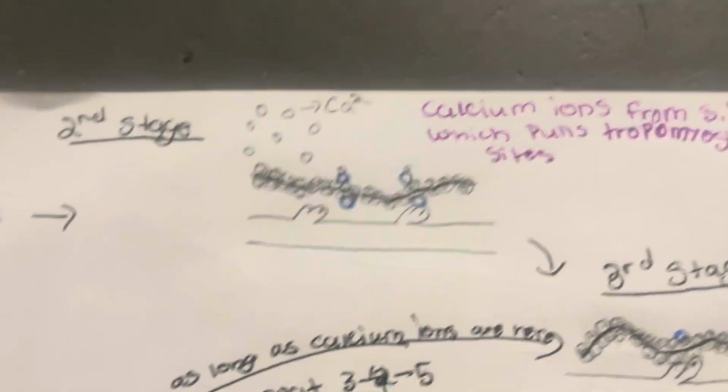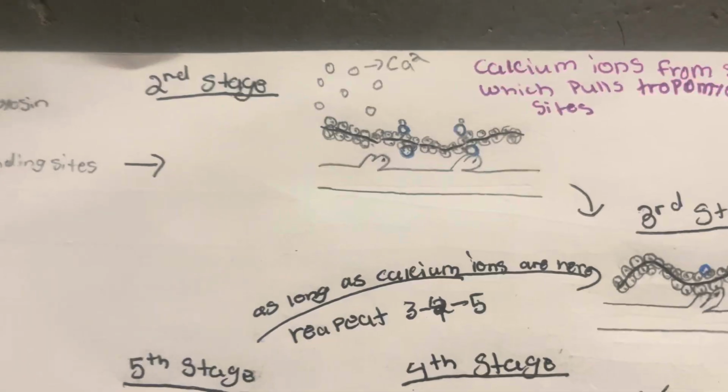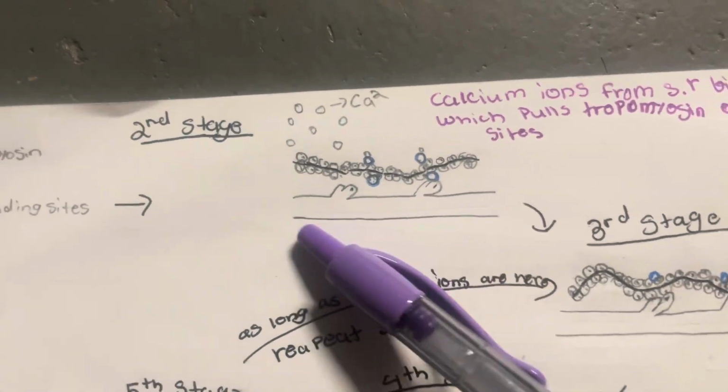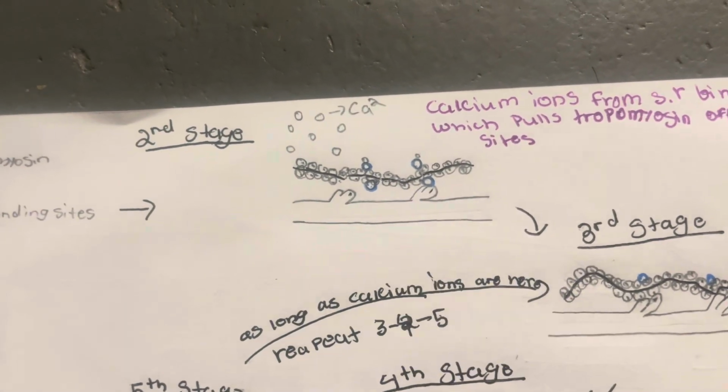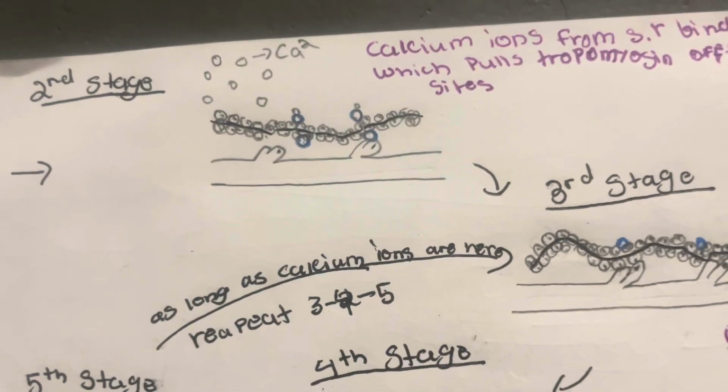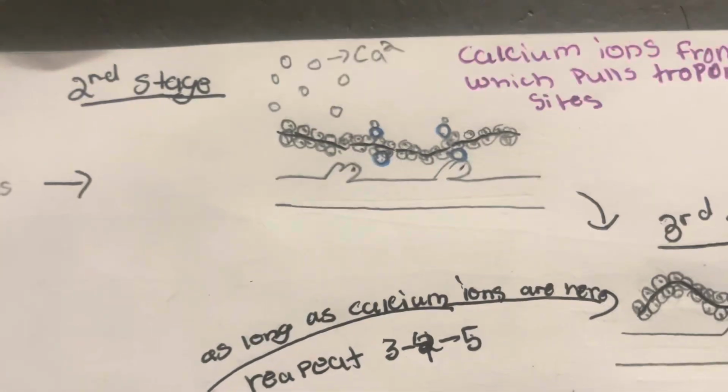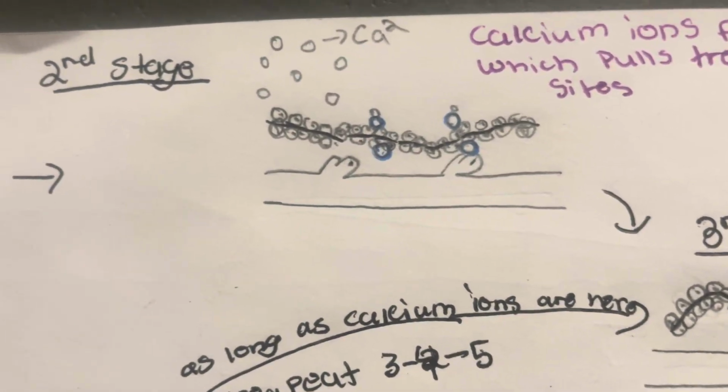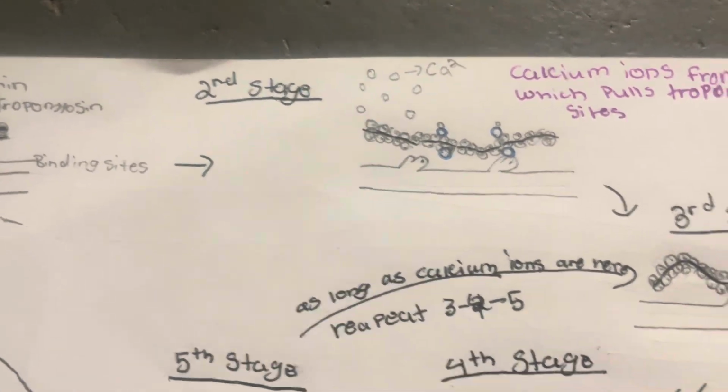This is crucial because now the myosin, which is this, is going to be in a cocked position, ready to grab onto an actin molecule. That's the second stage.